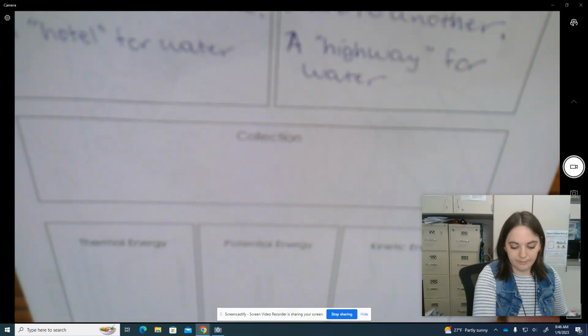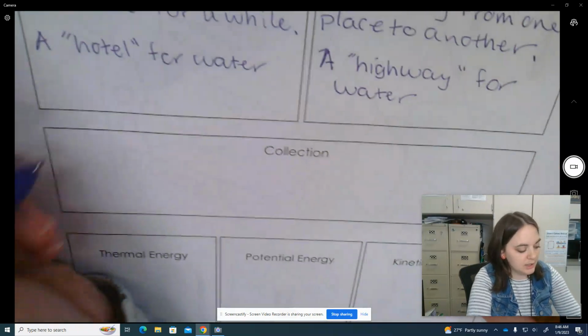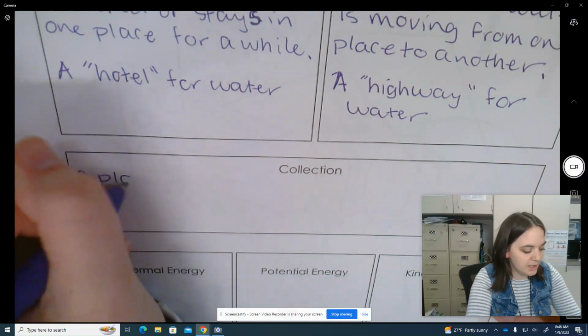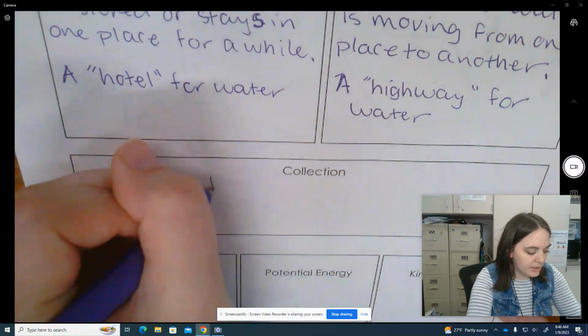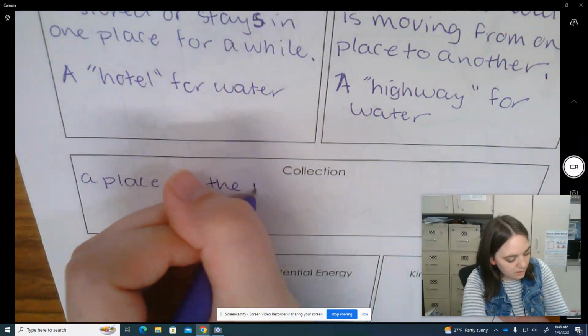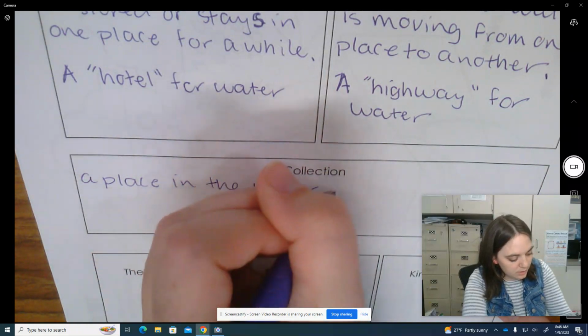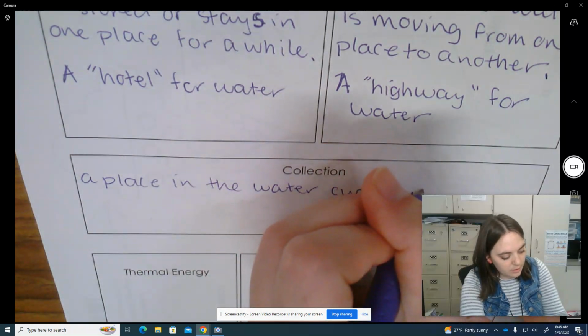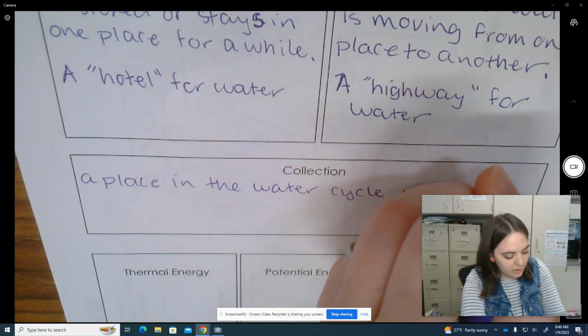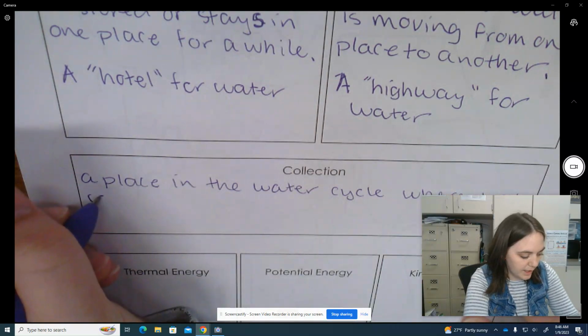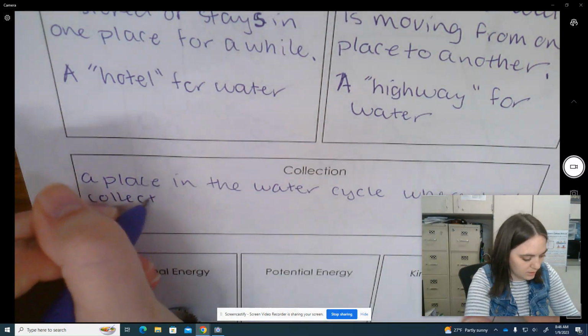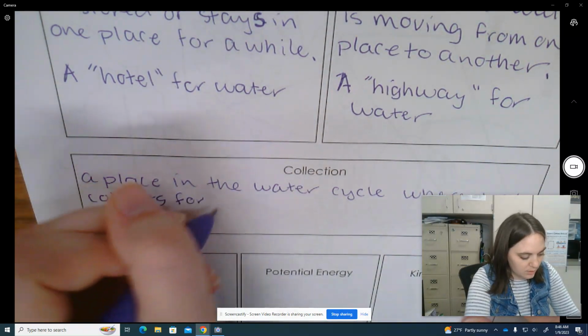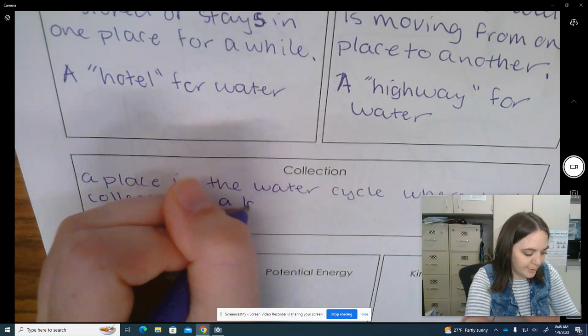A collection. A collection is a place in the water cycle where water collects for a long period of time.